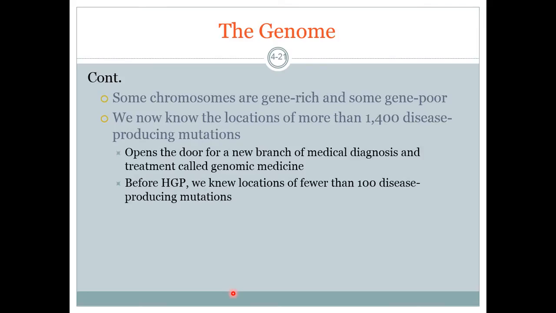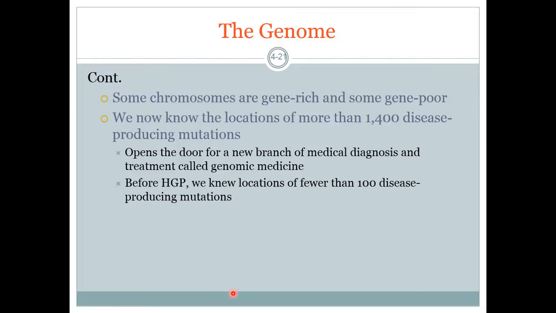Next finding, our fifth finding, some chromosomes are gene rich and some are gene poor. The sixth one, we now know that there are more than 1,400 disease-producing mutations, which opens the door to a new branch of medical diagnosis called Genomic Medicine.